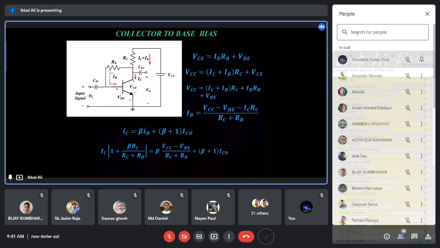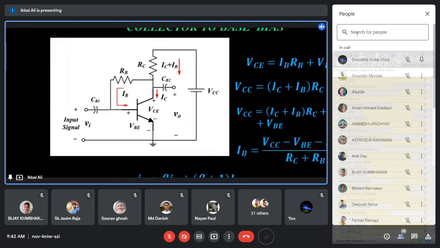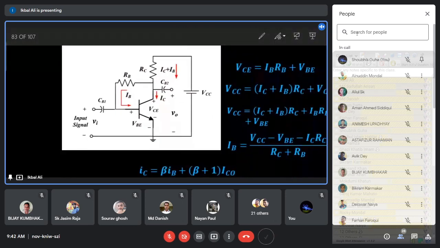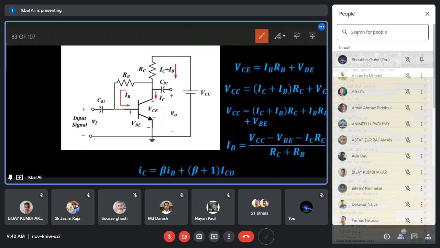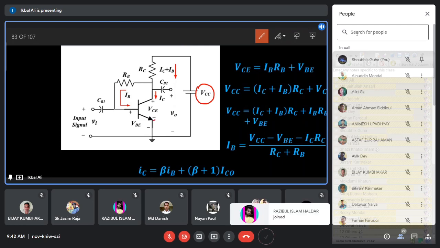Now we will discuss the second biasing circuit, which is the collector to base bias circuit. In this biasing circuit, slight modifications of the fixed bias circuit have been made. This is the supply voltage VCC. The emitter of the transistor is directly grounded.